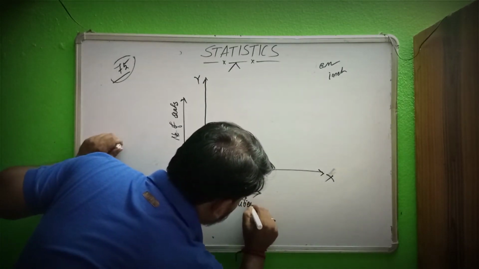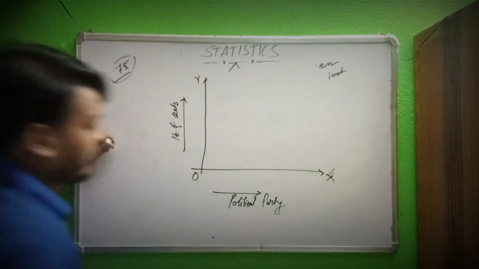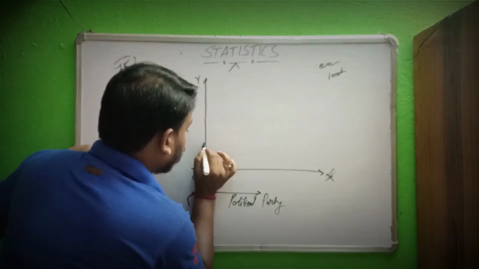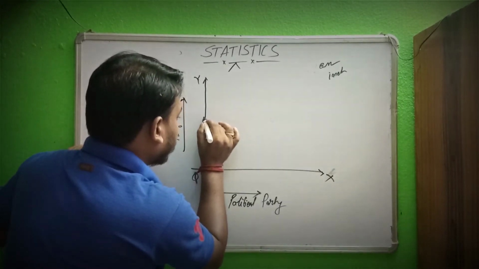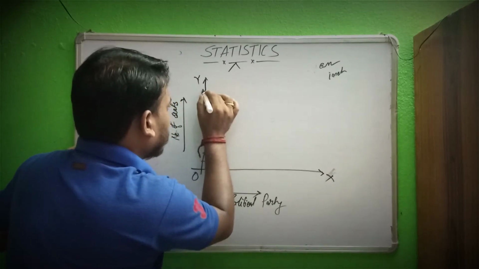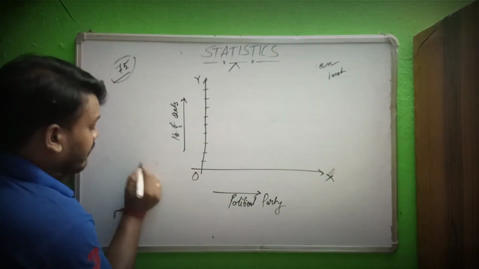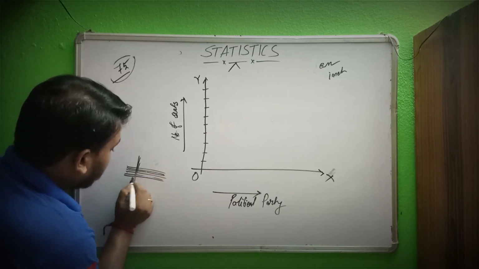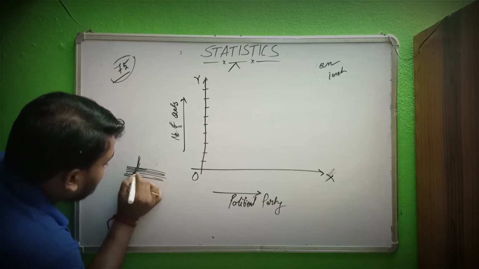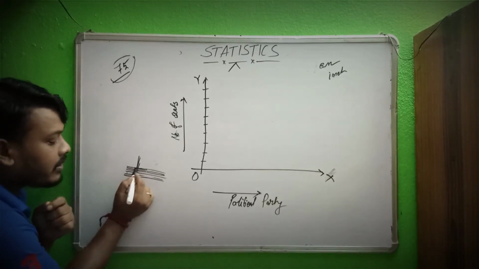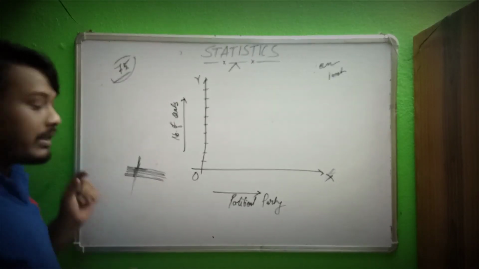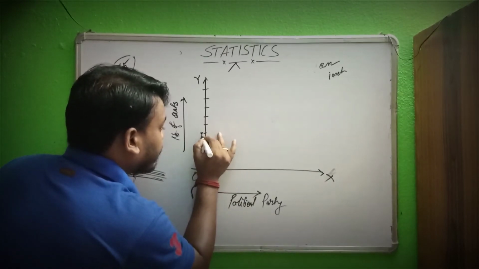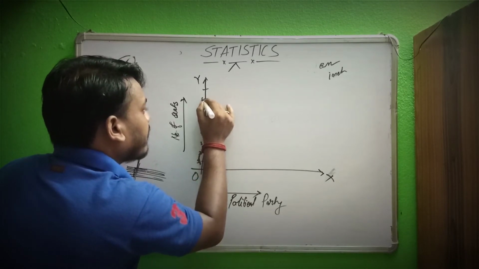In graph paper, there are small lines, and 10 very small divisions make 1 centimeter. So in your graph paper there is 1 centimeter, 2 centimeter, 3, 4, 5, 6, 7, 8, 9 centimeters.